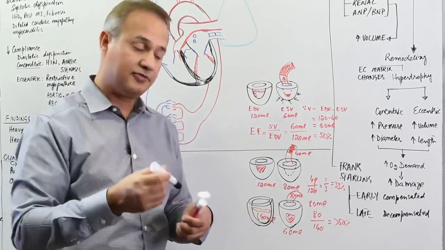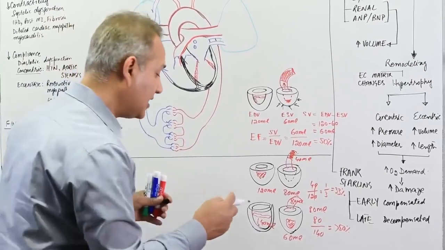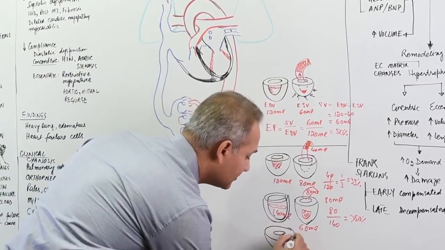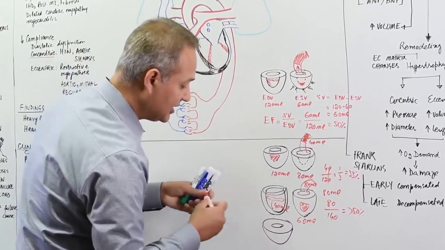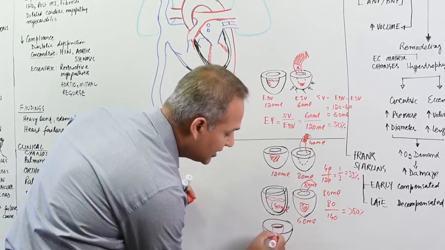less blood present. For example, in a hypertrophied heart, which is thick, let's make that one here, this is a thick heart. It has a small lumen, the cavity is small, so the amount of blood in here is less.